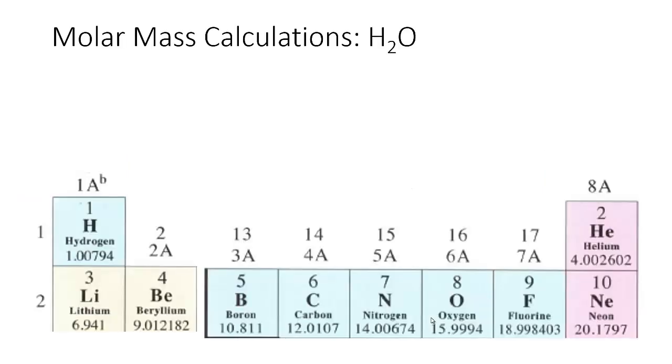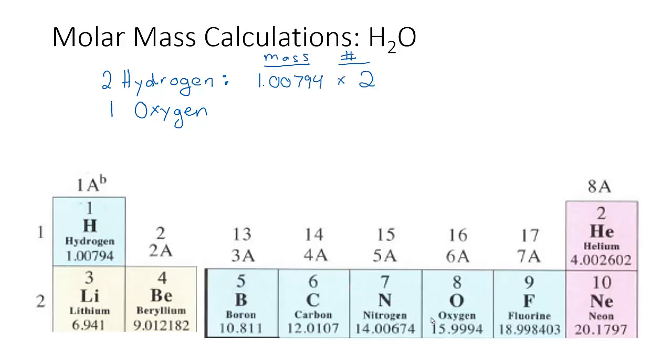Okay, so for the next couple of slides, we're going to calculate molar mass, not of atoms because that's easier, but of molecules. In order to calculate molar mass, all you do is add up the average molar mass of each individual atom. So for water, you just simply realize that you've got 2 hydrogens and 1 oxygen. Each hydrogen has a mass of 1.0794. And there are 2 hydrogens. So I have a total mass from my hydrogens of 2.01588.